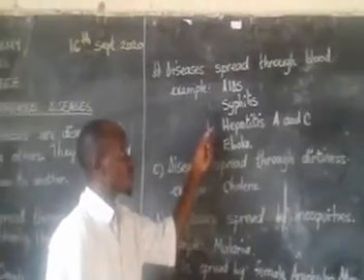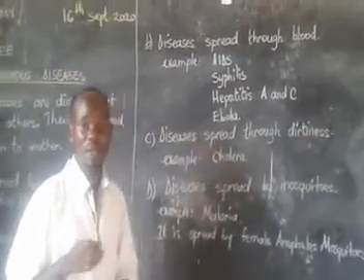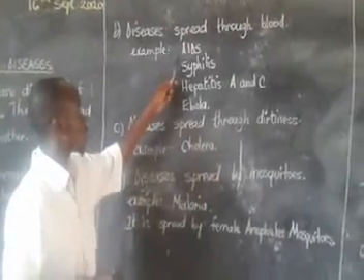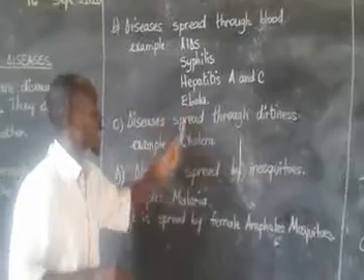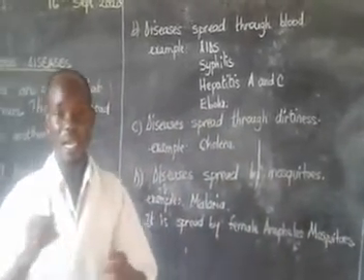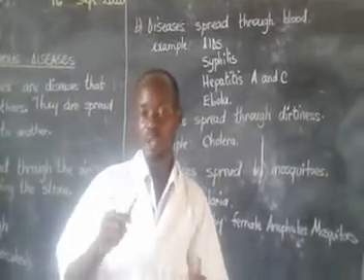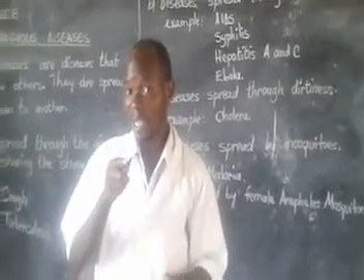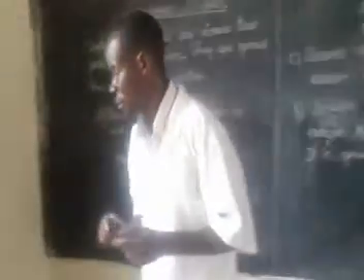These are also diseases that are spread through blood. Especially these top three, AIDS, syphilis, and hepatitis A, they are spread through sexual intercourse. Okay? That's why we have to avoid it. Okay, dear learners? Look at here on my computer again.